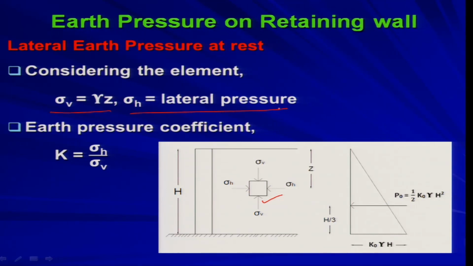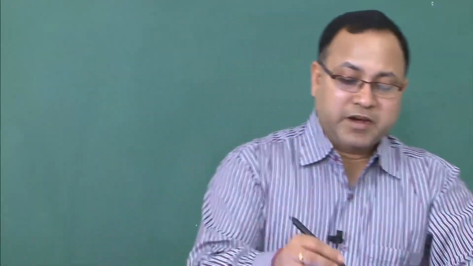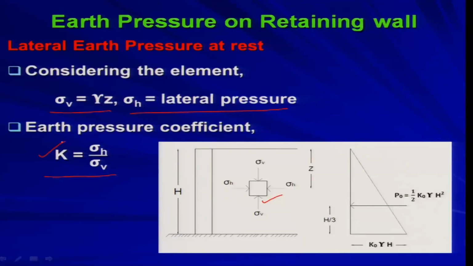Now, earth pressure coefficient K is defined by this expression: K is equal to sigma h by sigma v. In different conditions, whether it is under rest condition, or under active or passive condition, you can find out this earth pressure coefficient: the earth pressure coefficient at rest, at active, and at passive condition.